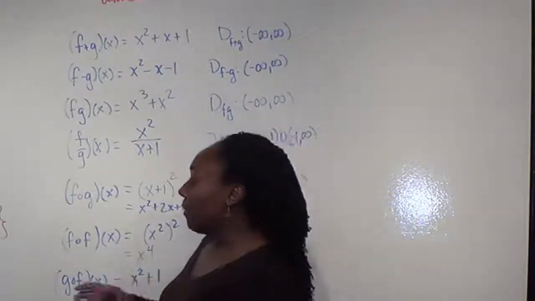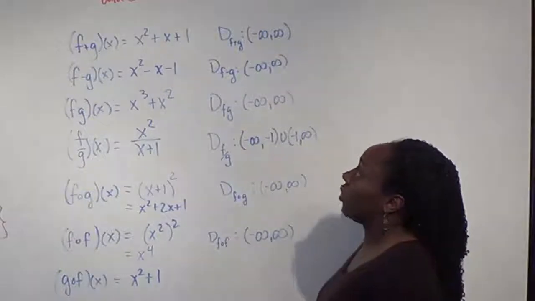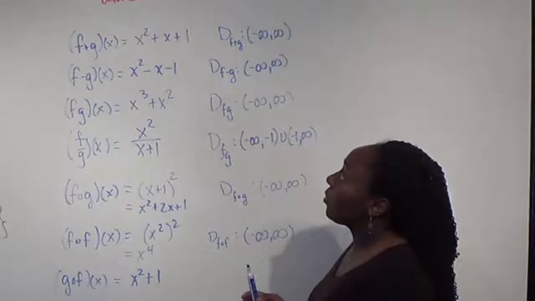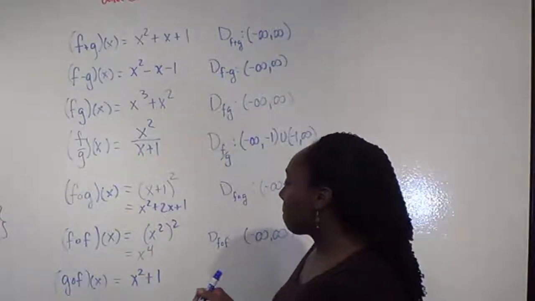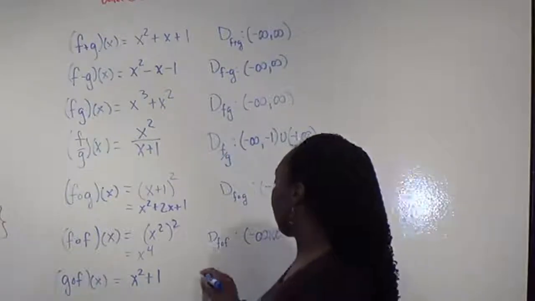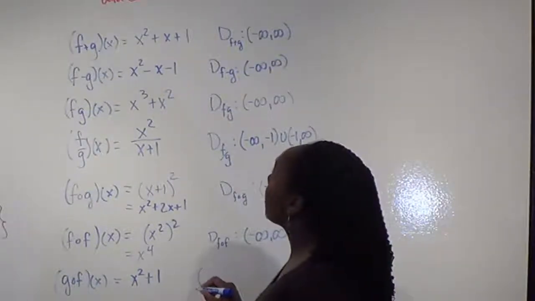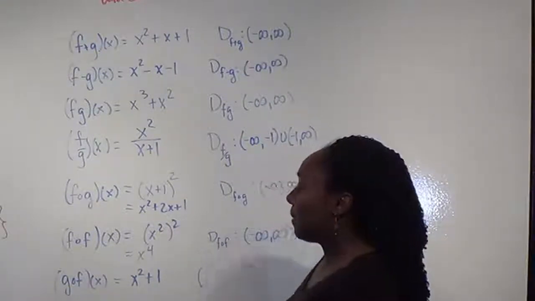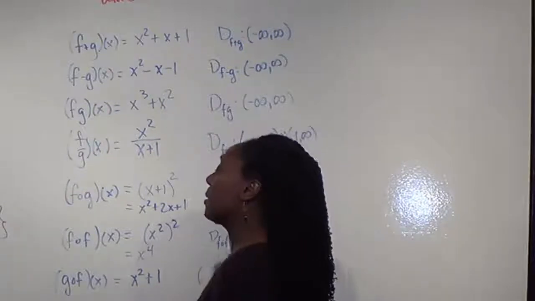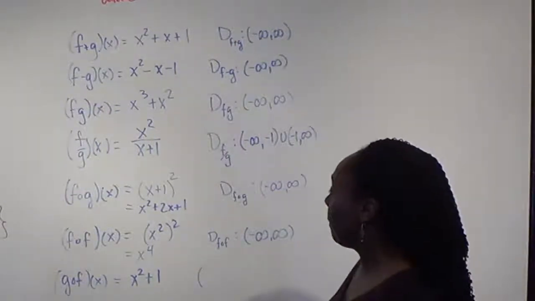But what I get out of that has to be my domain for the next function. So what I get out of there is only positive numbers. So here, when I plug in, even though the range is positive, everything I plug into f of x is going to be valid in the domain for g.